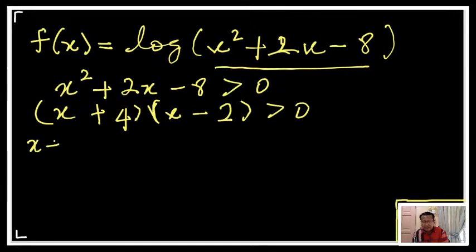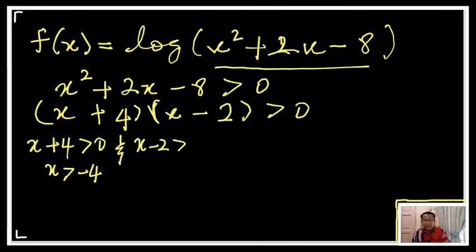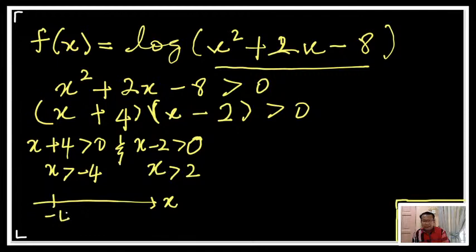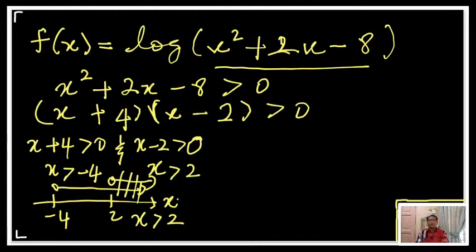First, x greater than minus 4 and x greater than 2. On the number line with minus 4 and 2, the answer is x greater than 2.